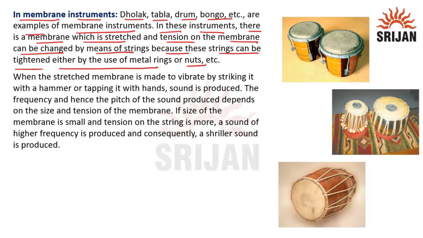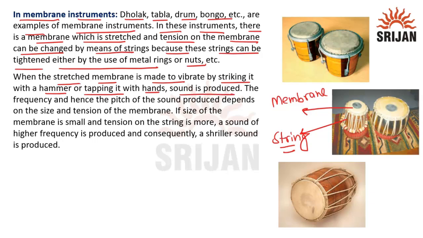So in case of tabla, this is the membrane and this is the string. By these strings, the tension of the stressed membrane can be adjusted. When the stressed membrane is made to vibrate by striking it with a hammer or tapping it with hands, sound is produced. So to produce sound, we have to strike this membrane.